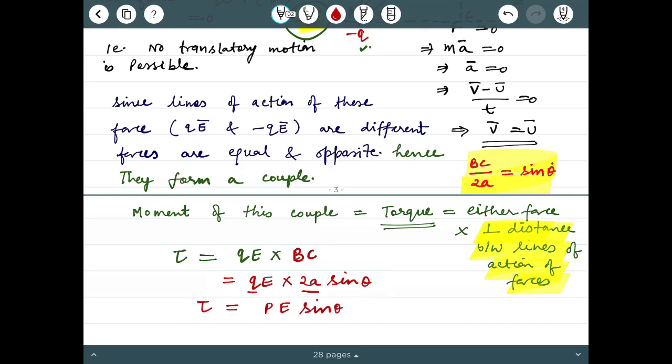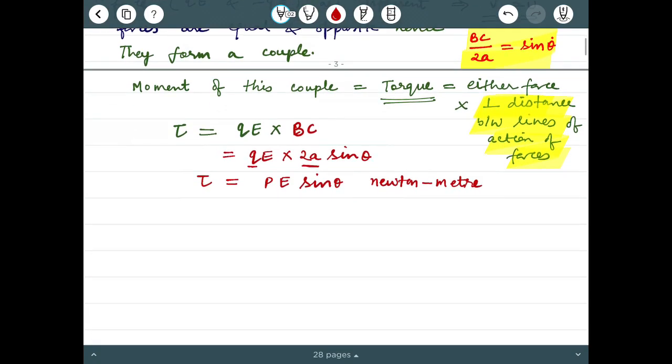The magnitude of torque becomes PE sin theta, and the unit of torque is Newton meter. This is the value of torque.